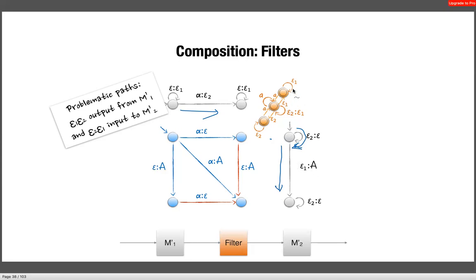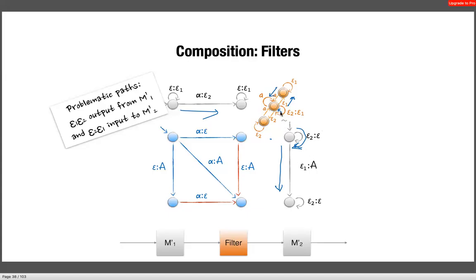So how do I design it? Here, this is my state from before. Now, if I produce epsilon 1 as output, I'm going to move to a new state, and this new state does not accept any epsilon 2s at all. It only accepts epsilon 1s, and the minute I see a non-epsilon symbol, I return back to the state.